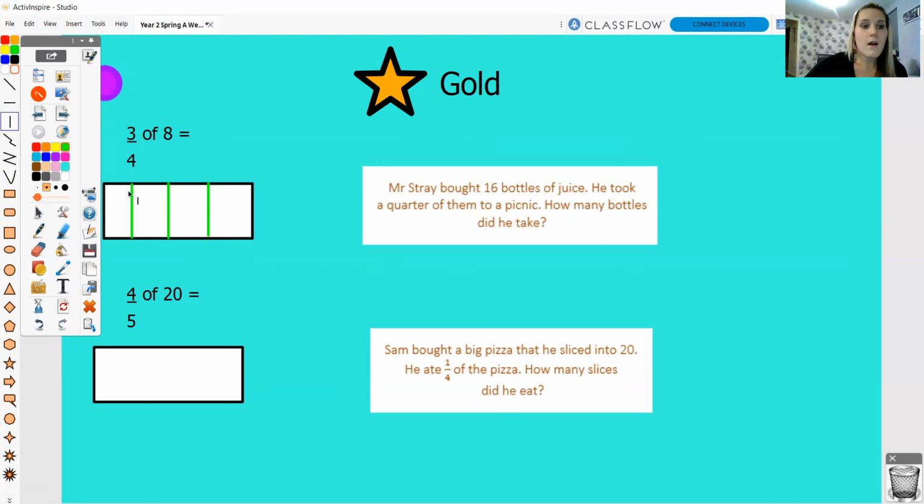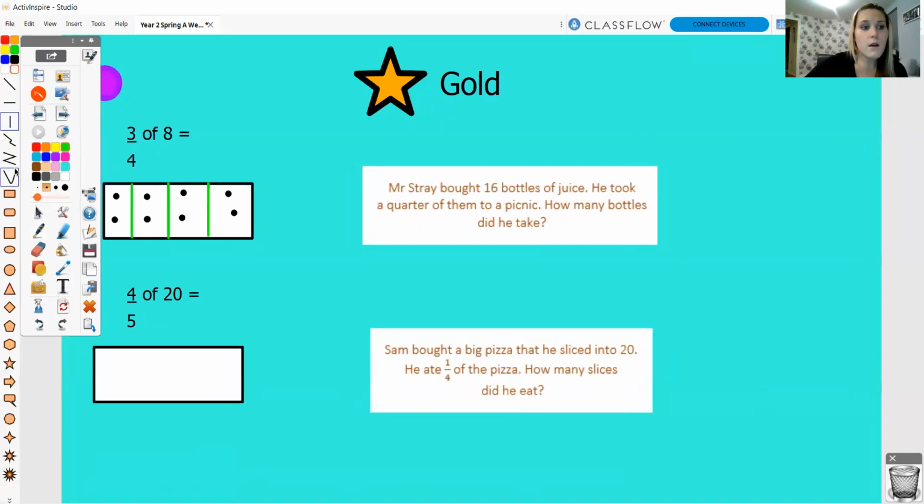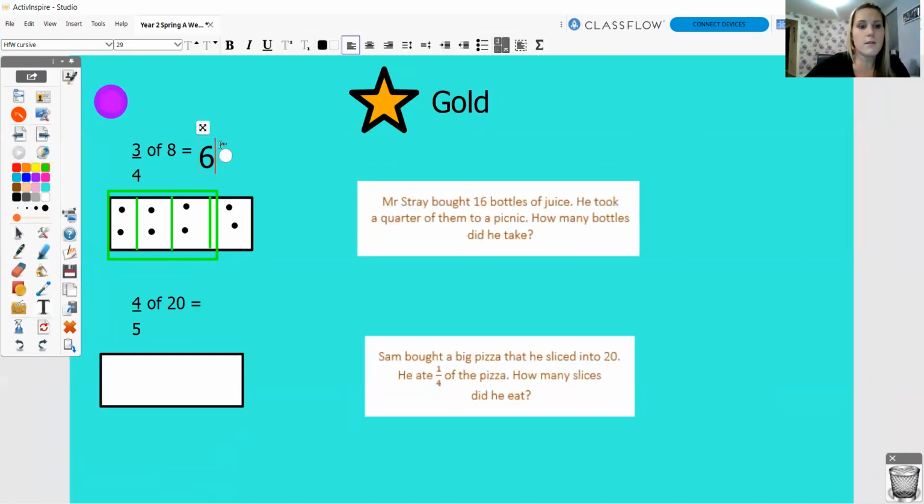Here I've got 3/4, so I'm dividing it into 4 and sharing out 8 equally, just like I would normally. 1, 2, 3, 4, 5, 6, 7, 8. But this time I'm not counting one of my quarters, I am counting 3 of my quarters. So I've got 2, 4, 6, and I pop in my answer there.